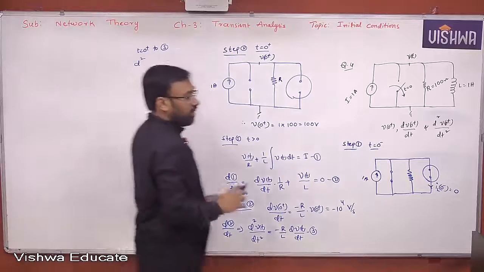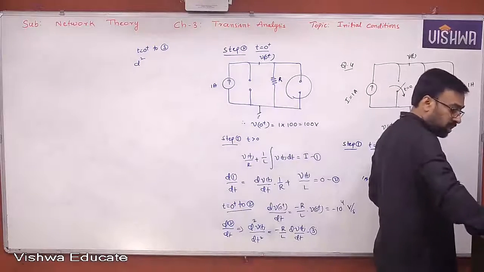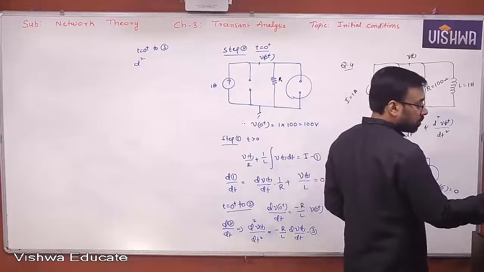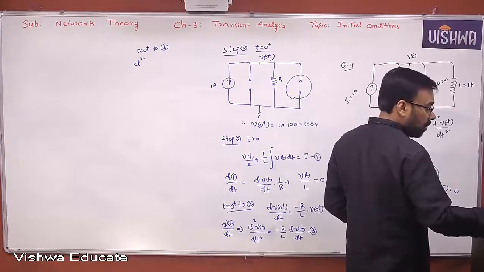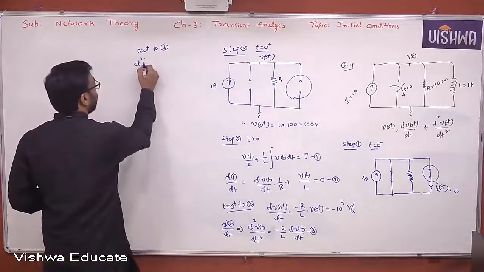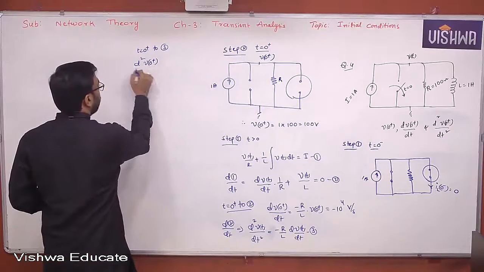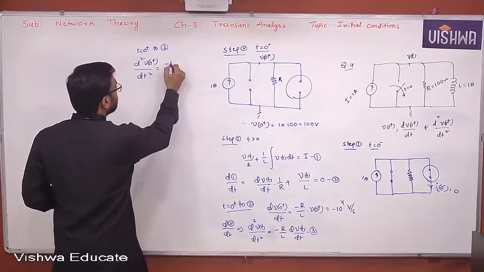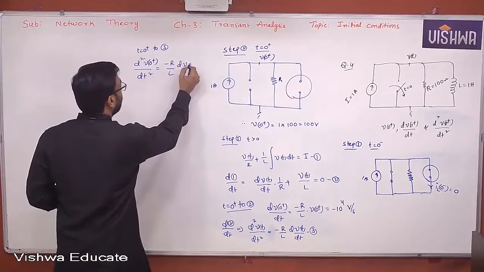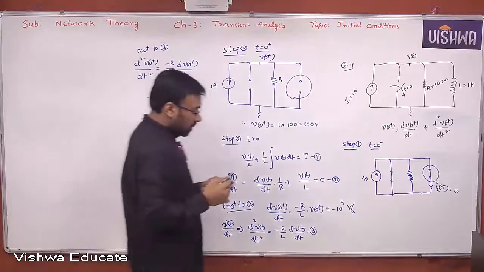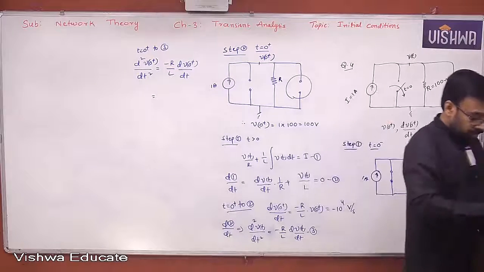d square V of 0 plus by dt square is equal to minus R by L dV of 0 plus by dt. Okay, now let us substitute that value, all of you.